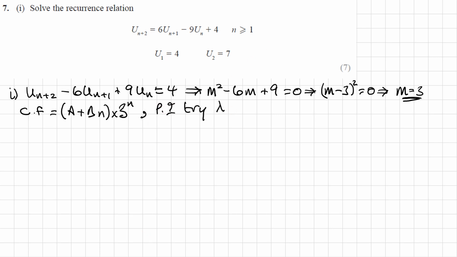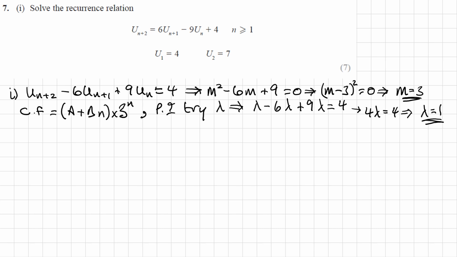So if I then substitute that into here, I'll get lambda minus 6 lambda plus 9 lambda is equal to 4. So actually, what do we get? Lambda minus 6 lambda plus 9 lambda, so we've got 4 lambda is equal to 4. So that means that lambda is equal to 1.